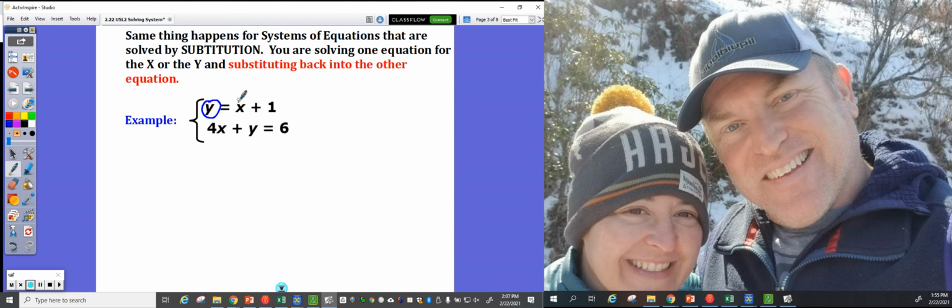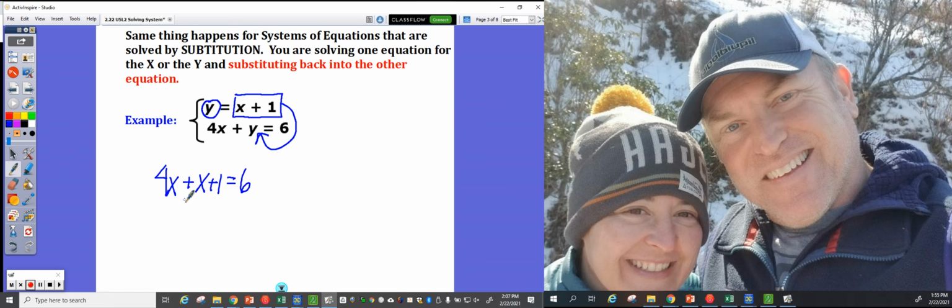If I take what y equals and substitute it for y in the other equation, then we have 4x plus what y equals. We replace this y with what it equals, which is now x plus 1, and that equals 6. We all understand that? That's kind of the crux of it right there.